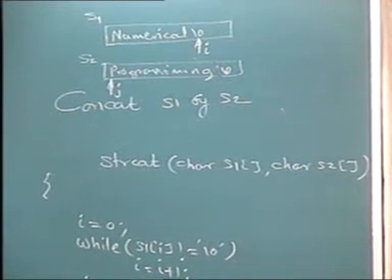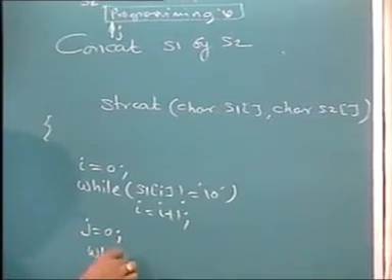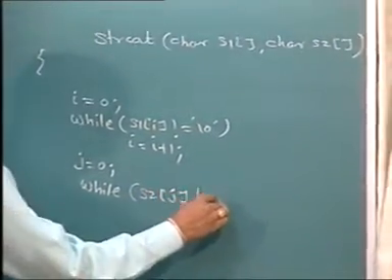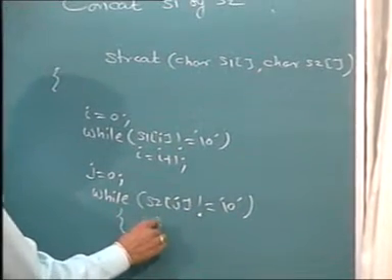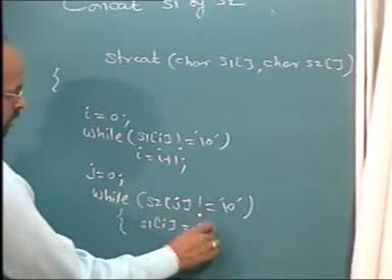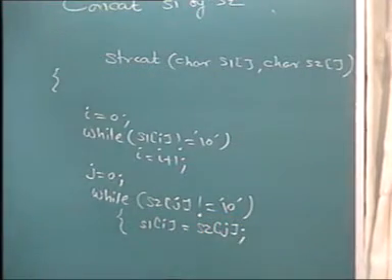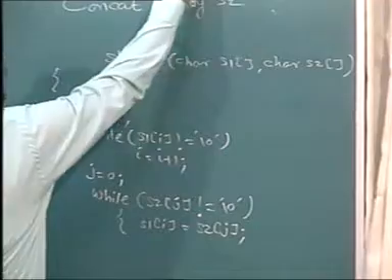And as long as string s2 does not get over, that is while s2 of j is not equal to \0, in s1 at position i, you should copy the character at position j in s2. That means this character p will now replace \0.